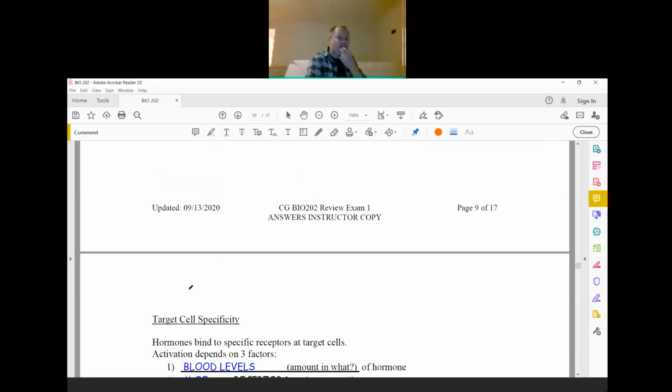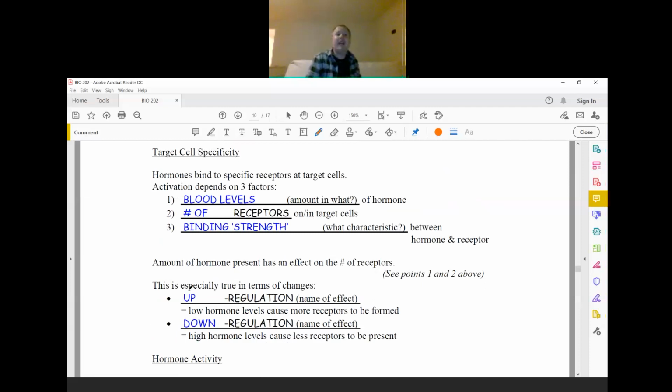We should know that how efficient a hormone is can depend on three different factors. So it can depend on how much of that hormone is in the blood. It also depends on the amount of receptors in the target cells. So if we don't have any hormone, it's not going to work very well.